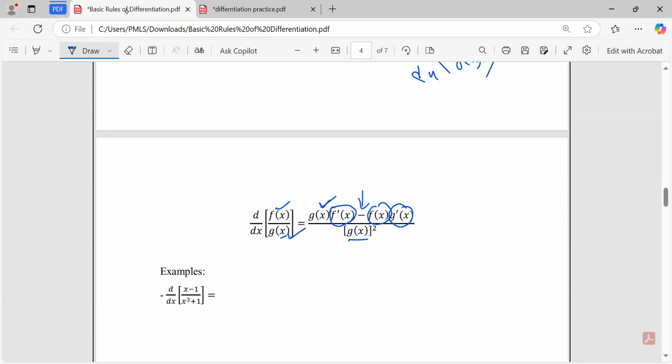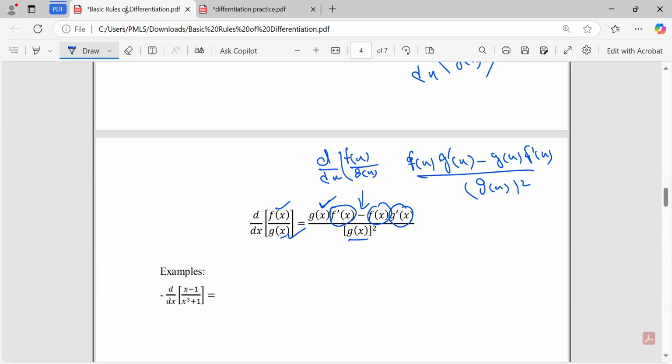This is important, and keep in mind, if you write something like f of x g prime of x minus g of x f prime of x over g of x whole square as the quotient rule, that will be considered wrong, because the commutative law does not hold in subtraction.